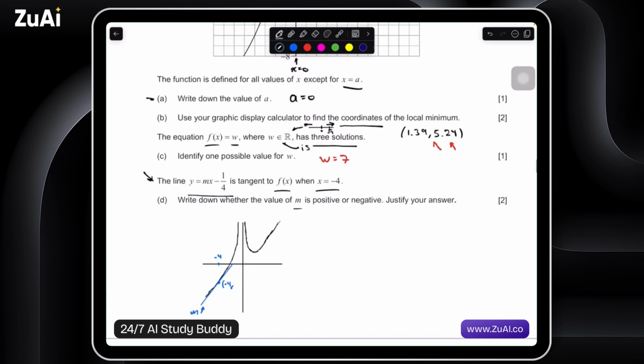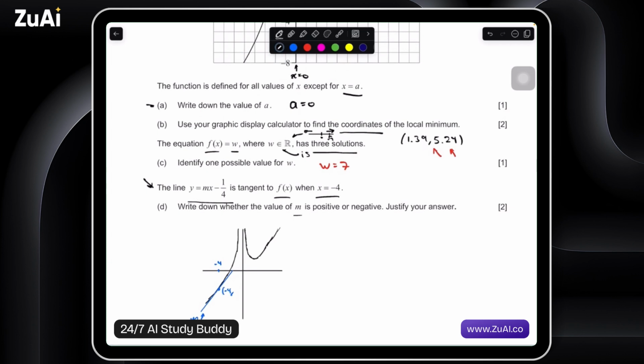One thing we can do is look at our original function and find the derivative, that is to say the slope function, and we can input this negative 4 and ask, okay, what is the slope at this given point? So our original function itself was f of x is equal to 3x minus 1 plus 4x to the negative 2. And it's nice because they already gave us this to the negative 2.